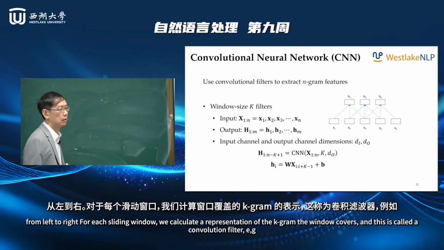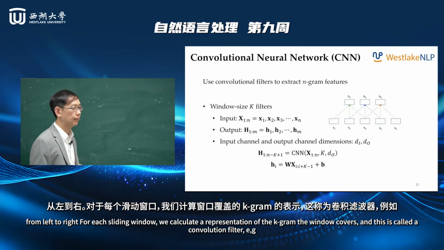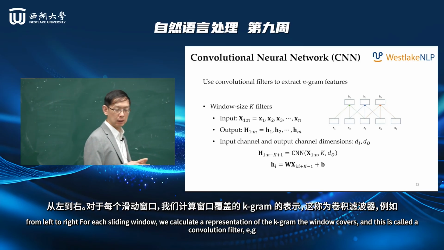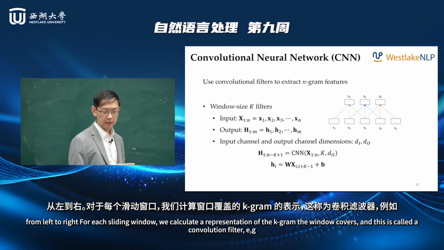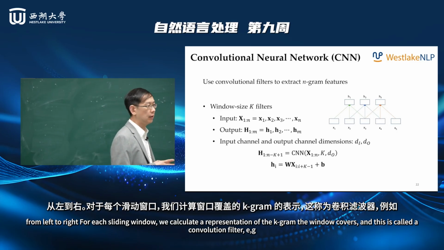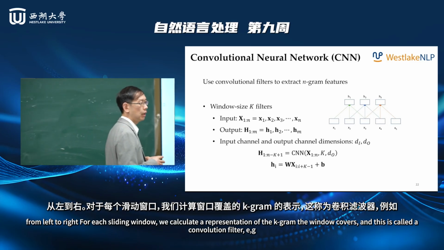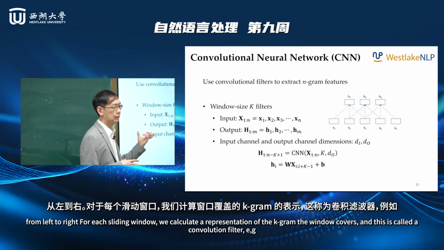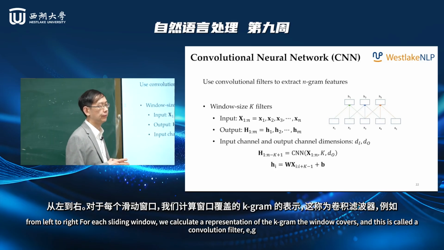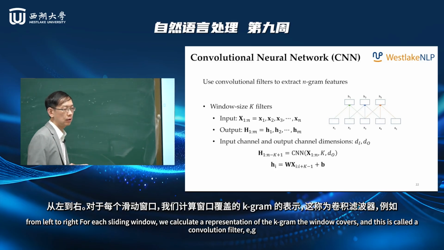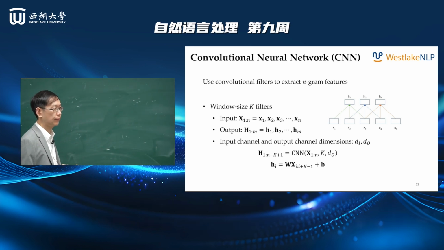For each sliding window, we calculate a representation of the k-gram the window covers. And this is called a convolution filter.